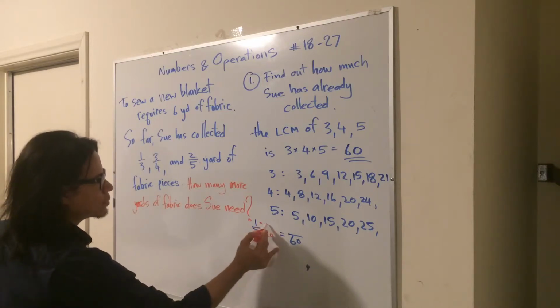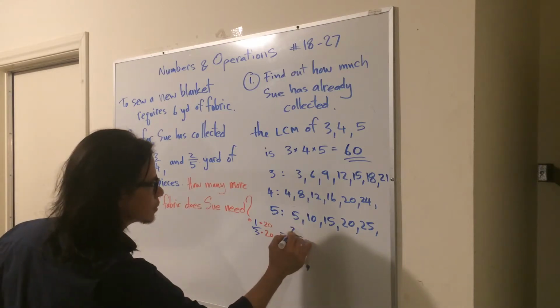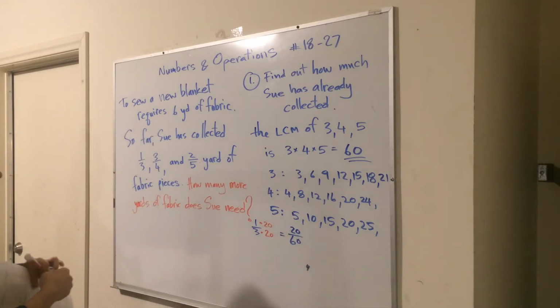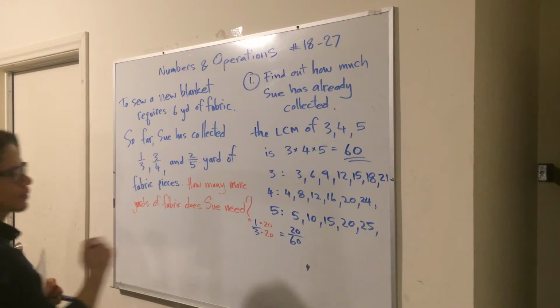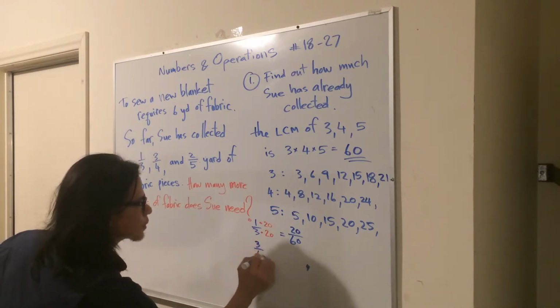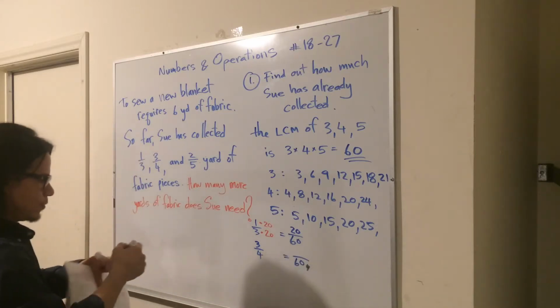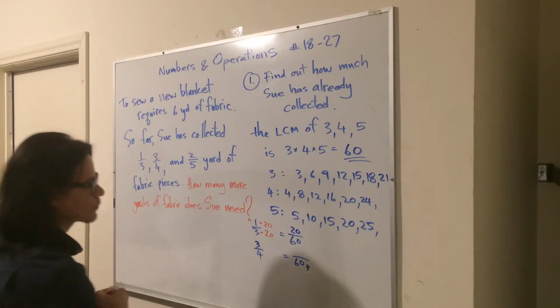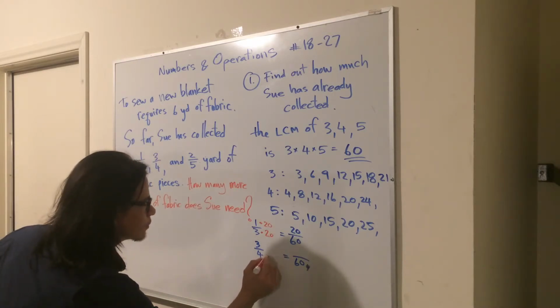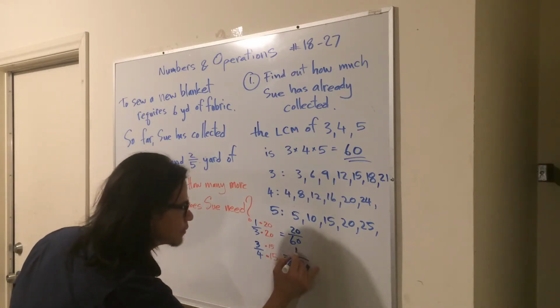So take 1 times 20, I get 20. Let's do the same for the 3/4. 4 times what is 60? 4 times 15. So take 3 times 15, I get 45.